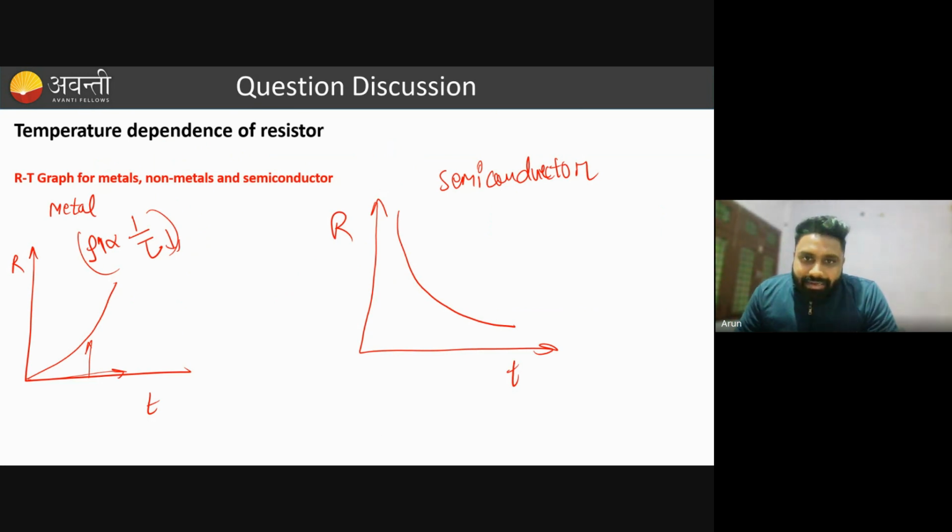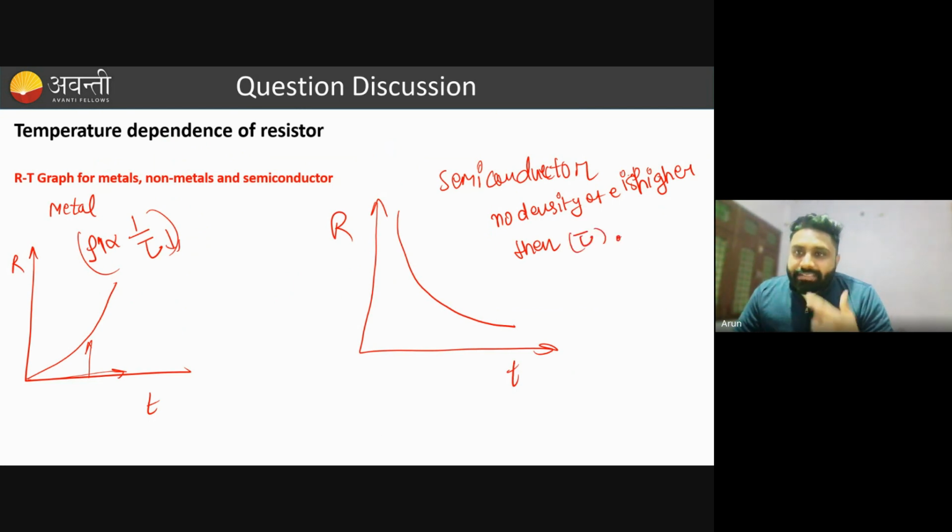But here the number density of electrons is higher than the effect of tau. So increase in temperature increases the number of charge carriers more significantly than the decrease in tau. So resistivity, or the resistance, would decrease for a semiconductor.